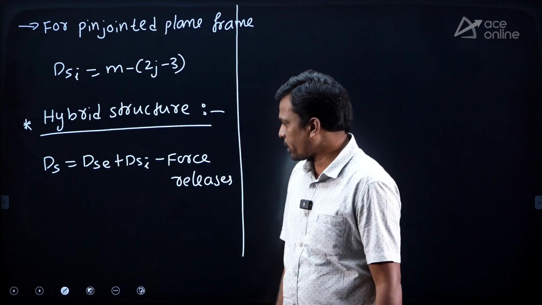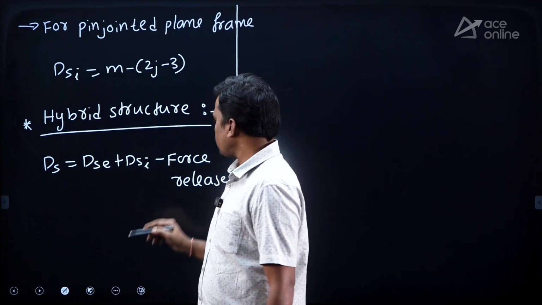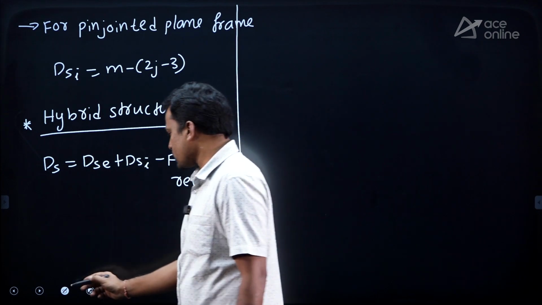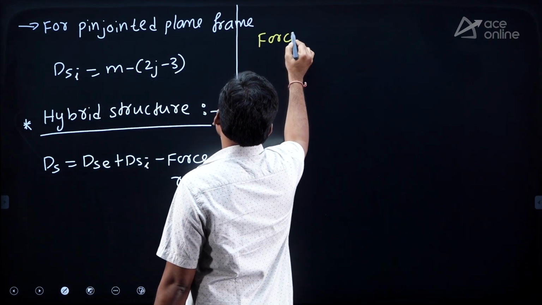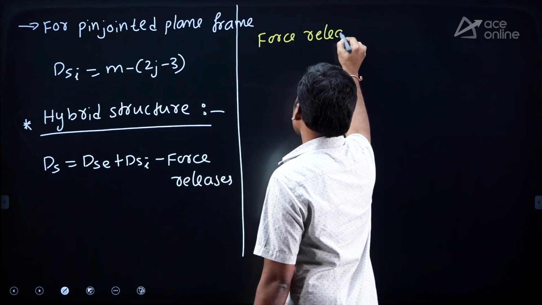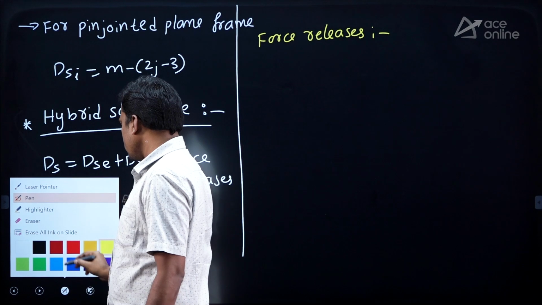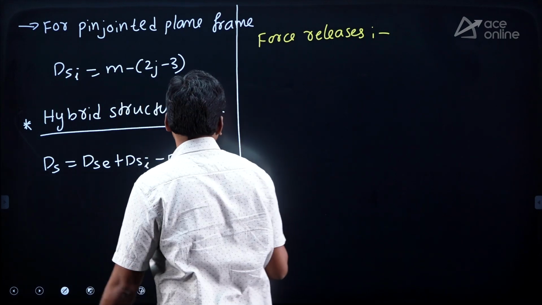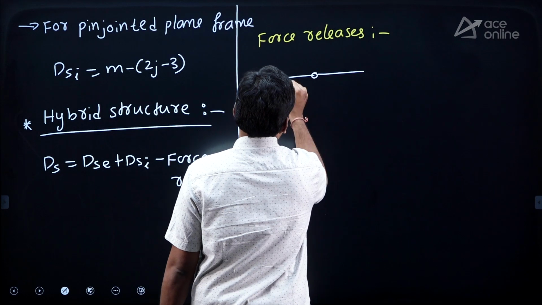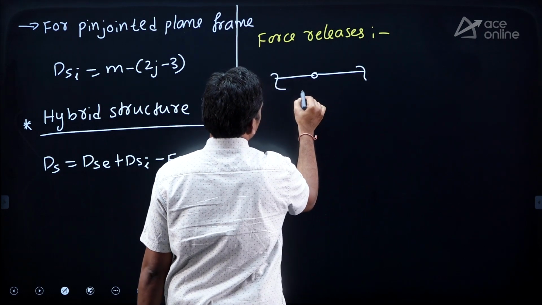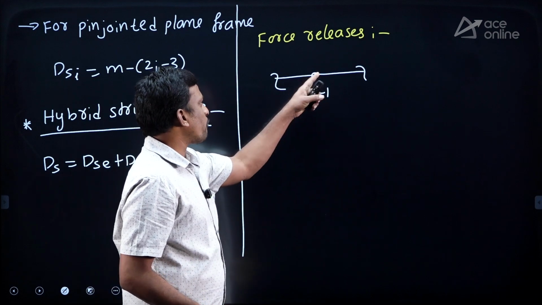So Dse and Dsi use the same usual formulas, then only force releases. For moment hinge, how many force releases? For moment hinge, force releases equals m minus 1, where m is number of members meeting at this hinge.